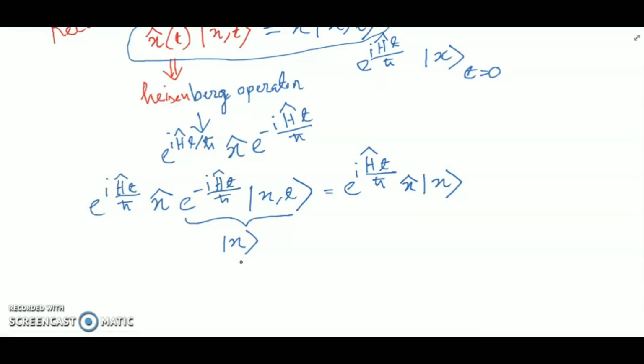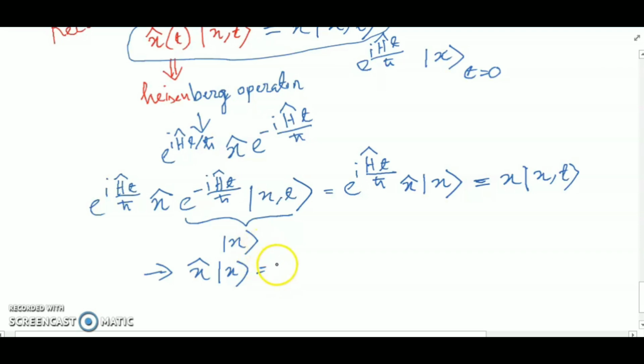Okay, so this equation can be written as x acting on x comma t, and that implies x hat acting on x is equal to x acting on x.